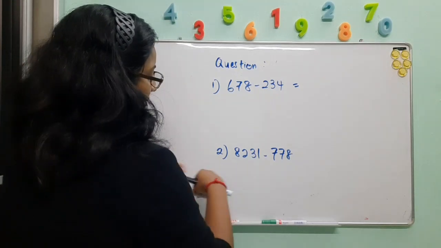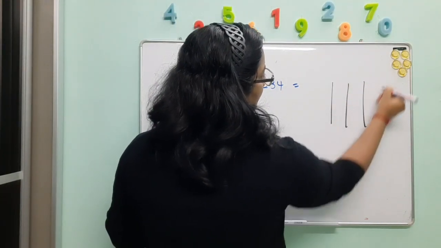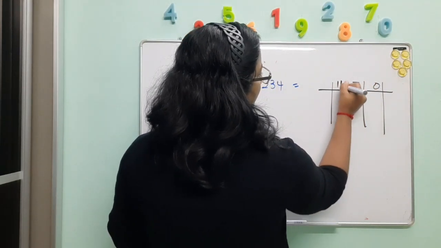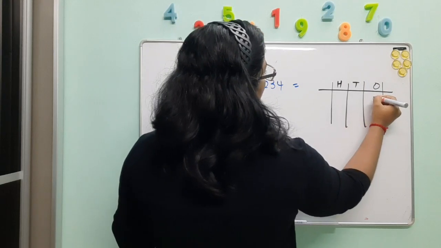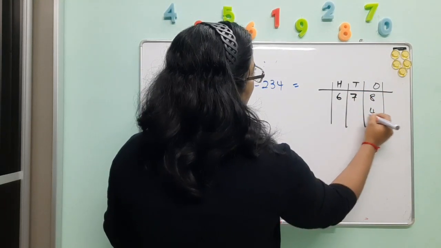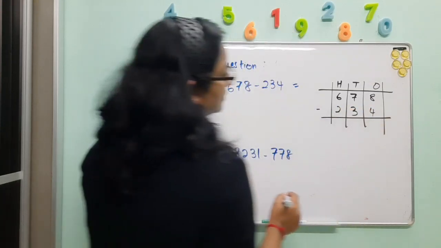Okay, so I'm going to place it: ones, tens, 100. 8, 7, 6, 4, 3, 2, minus.